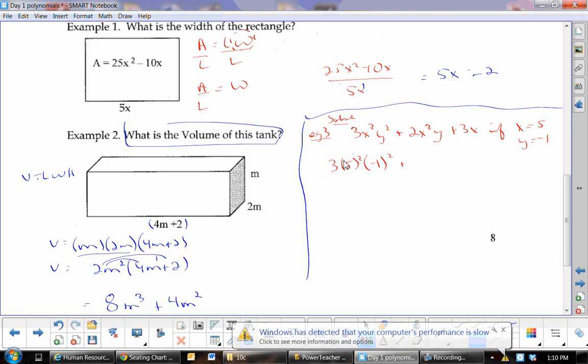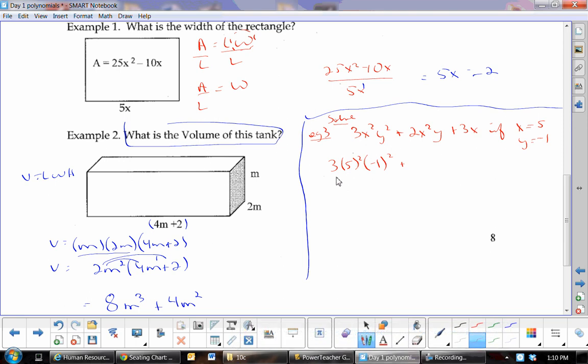What's 5 squared? 25 times 3, 75 times 1. Now, if you don't square the -1 in brackets, you'll get the answer -75 right there. You always have to substitute in brackets.